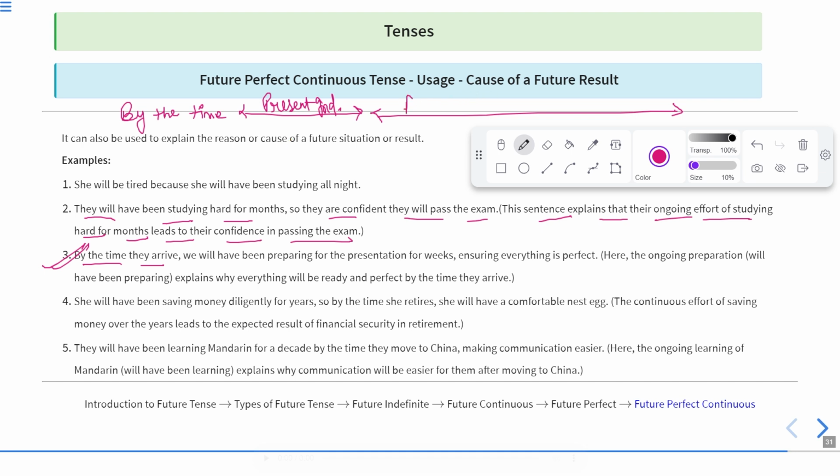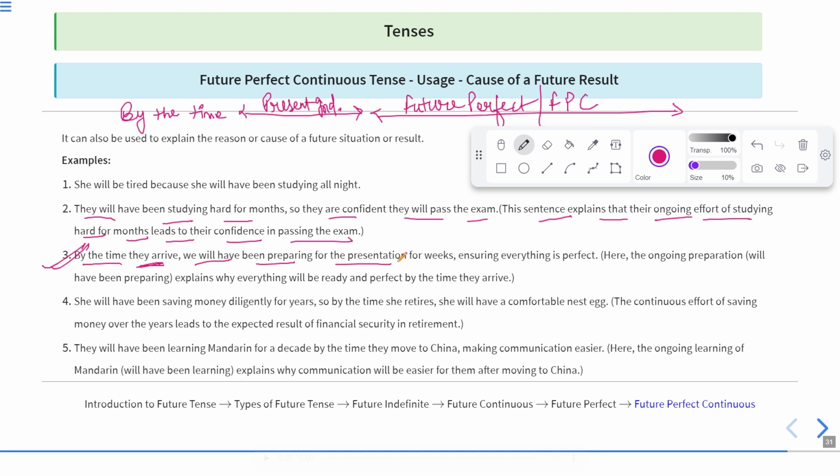And the remaining clause should be in future perfect tense, or it can be made in future perfect continuous tense as well. Both can occur in this clause of by the time expression. So by the time they arrive is in the simple present tense.